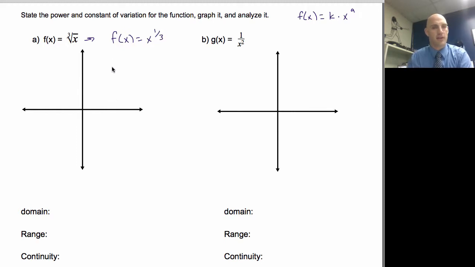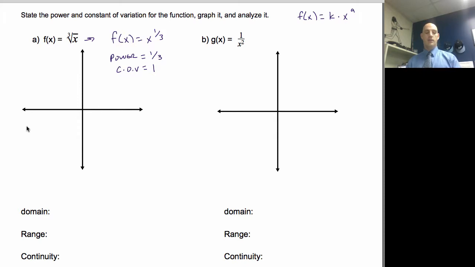Okay, and so if I'm talking about power and constant variation, my power is 1/3. My constant of variation, well, what would it be? It's the constant out front. Well, in this case, it's a 1. When I graph this, and you can graph this on your graphing calculator, I'm going to grab mine from over here. Okay, graphing calculator.